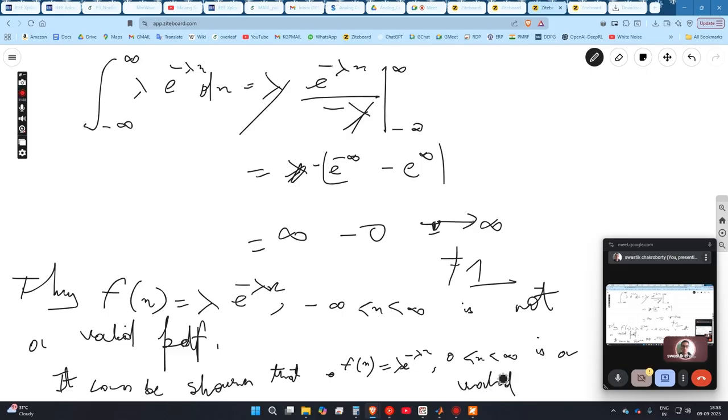So the same expression, if you just change the domain from minus infinity to 0 to 0 to infinity, the invalid PDF becomes a valid PDF. So not only does the function being a PDF depend on the function itself, but also on the domain of the function.